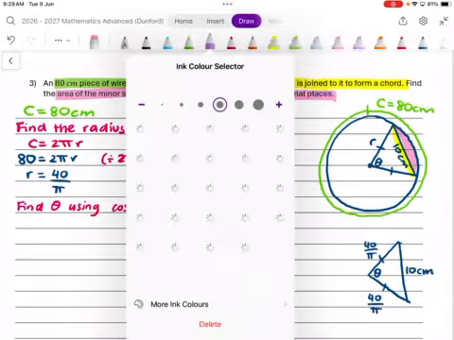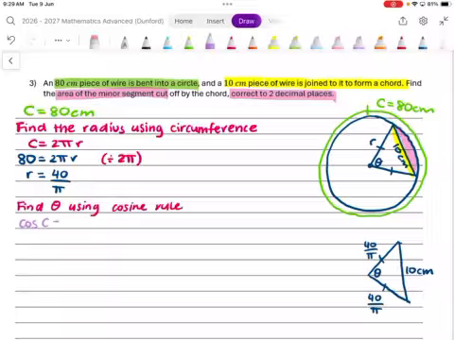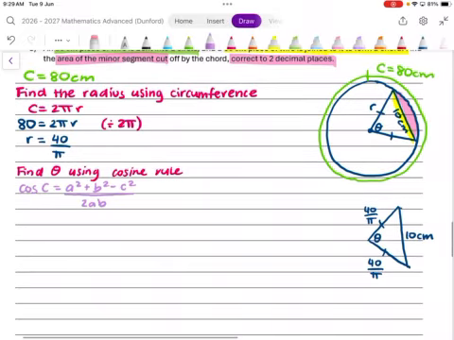which is cos C equals A squared plus B squared minus C squared all over 2AB. Okay, so our C is our angle that we're finding, and the side C is opposite the angle that we're finding.